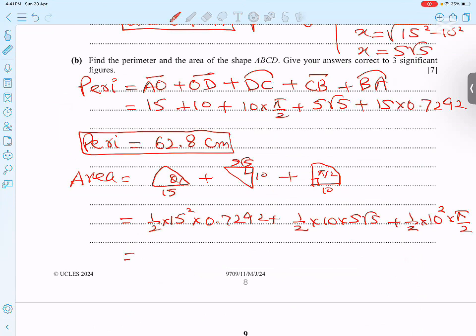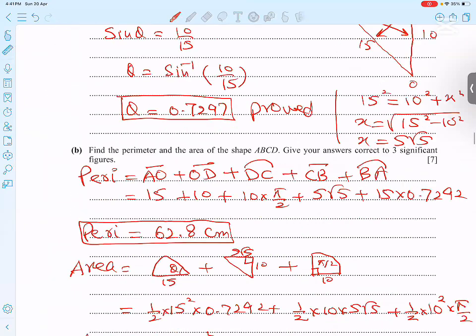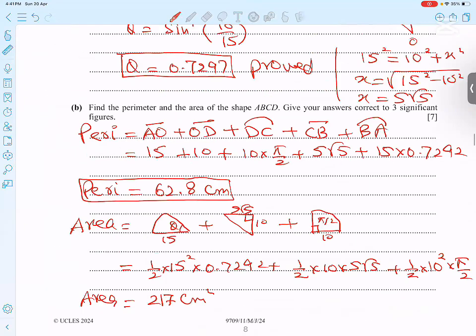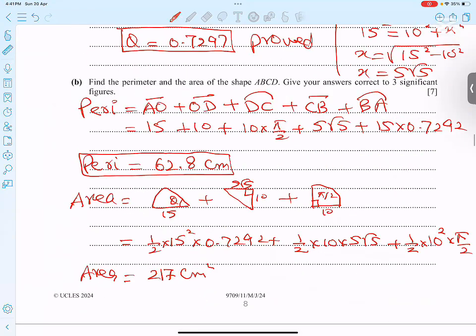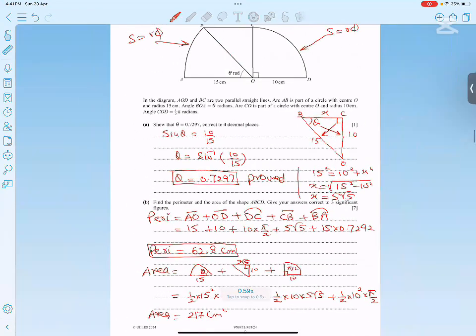After rounding to 3 SF, I'm getting 217 centimeter square. Let me recheck once again. Okay, just 1 minute. Half r squared theta, and base 5 root 5, and this is a 10. Yeah, half r squared theta. Yes, exactly. And the question is completely clear.